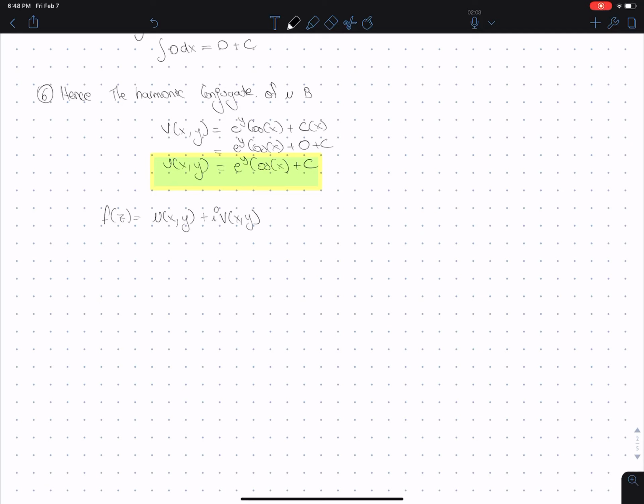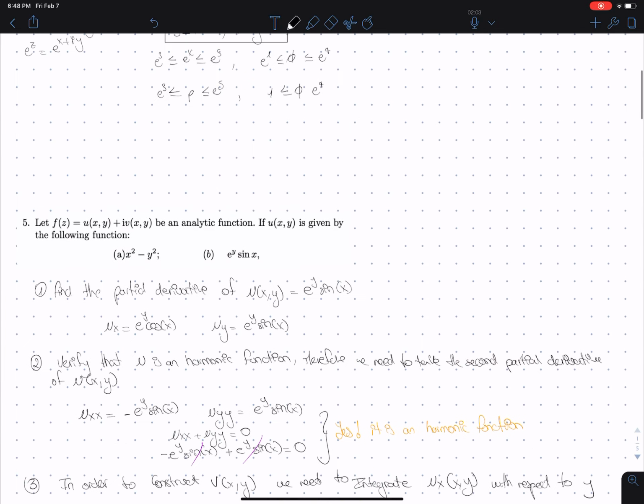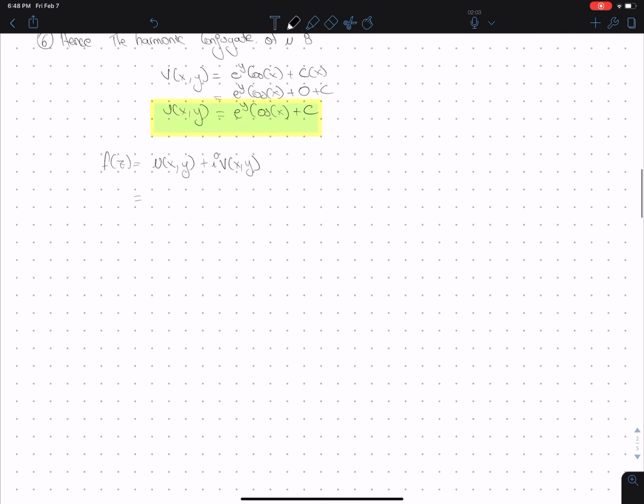Since u is given, u of x and y was equal to e to the y sine of x, plus i times e to the y cosine of x plus some constant.